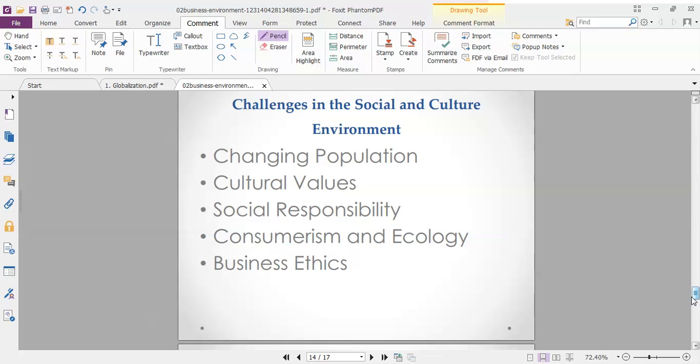Most of the population in Malaysia is Muslim, so Muslims do not consume non-halal products, for example pig and alcohol. So the company should suit the product to the population and cultural values in Malaysia.